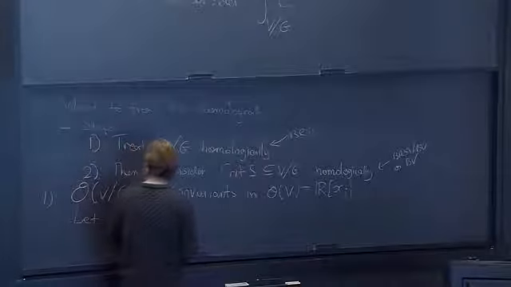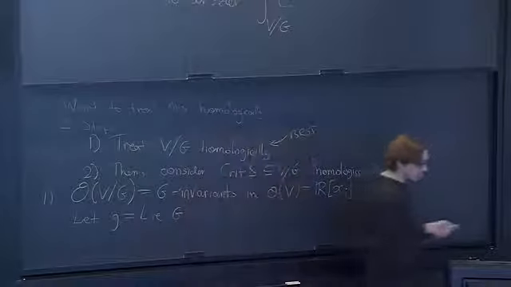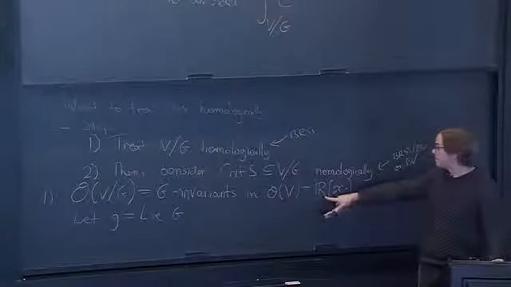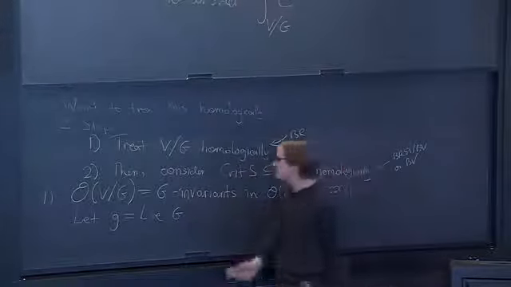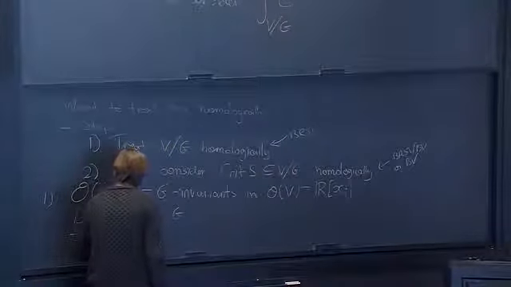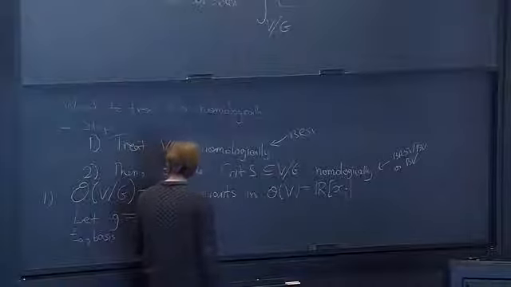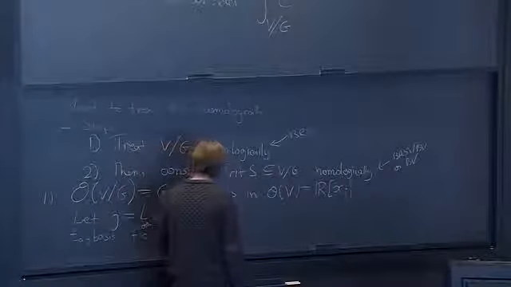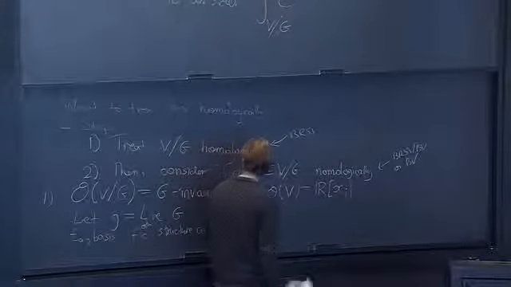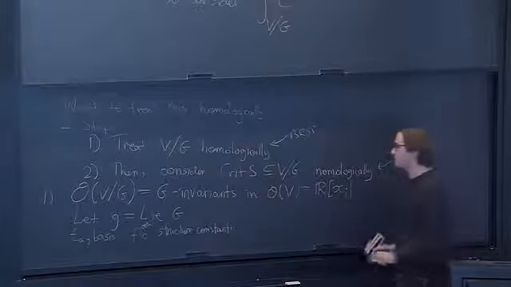We let g be the Lie algebra of this group. So we'll choose a basis t_a, with some structure constants. And these guys will act by some vector fields on this manifold.